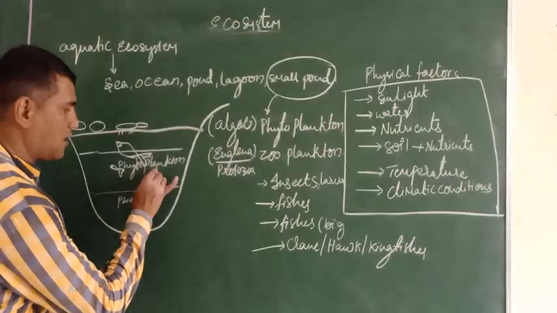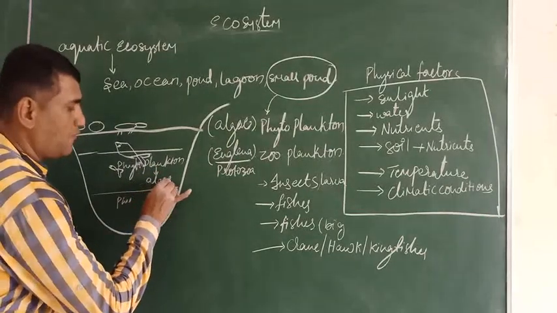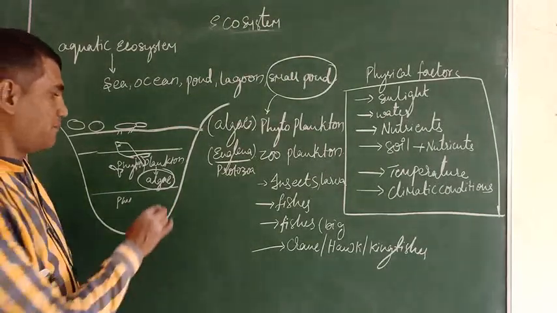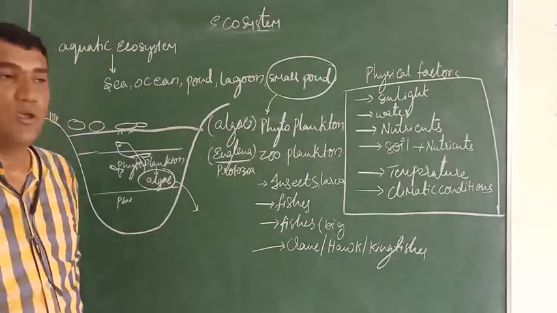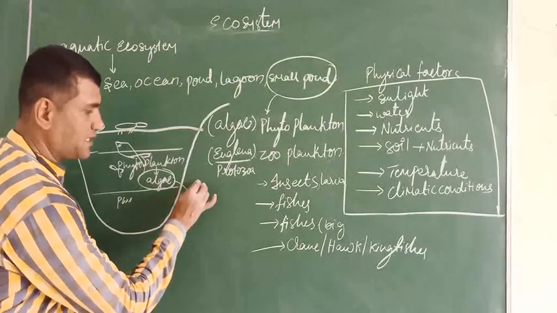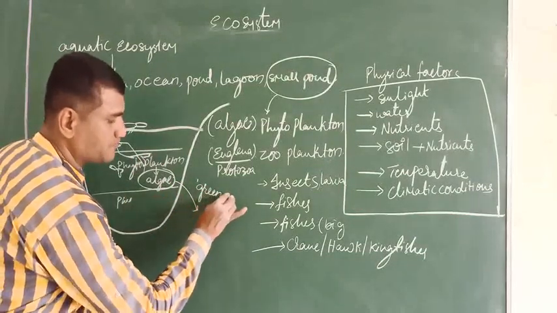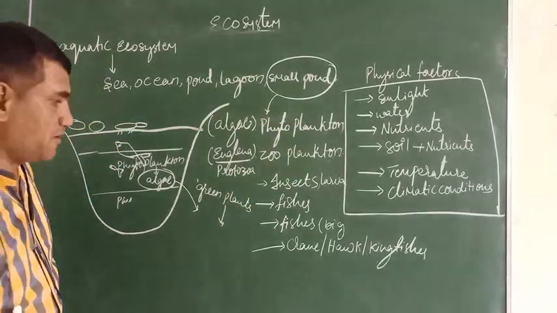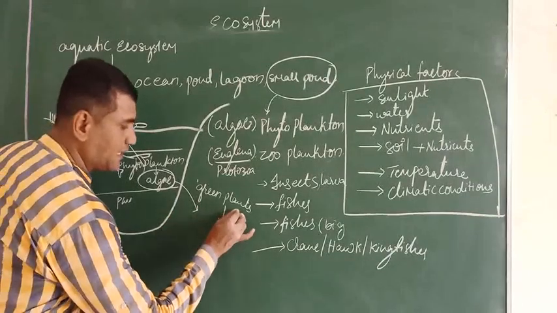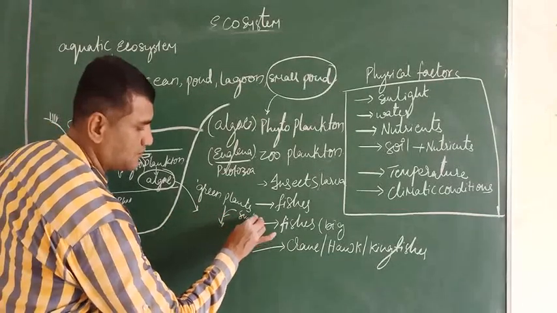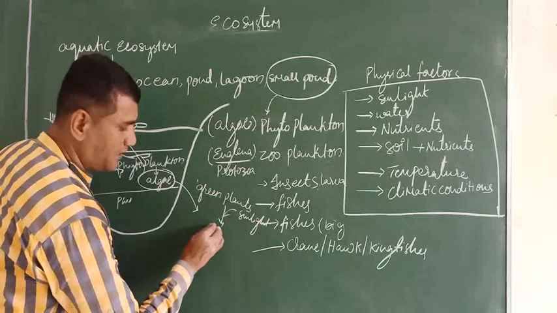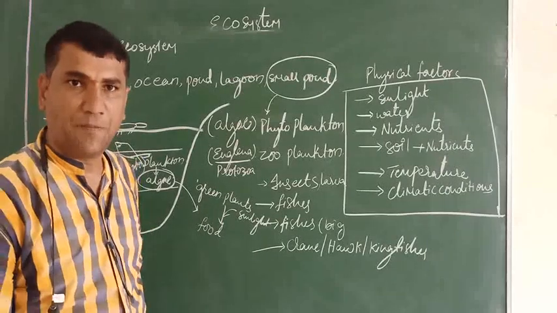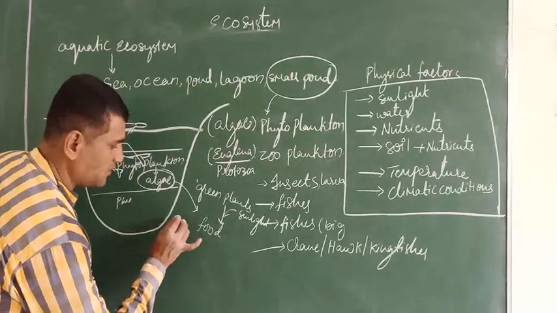Phytoplanktons, just like algae, form the base of a food chain, because the plants, especially the green plants, prepare food by taking sunlight. Whatever food they prepare, they store for their future use.